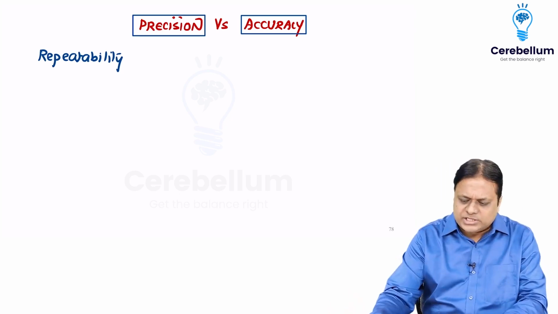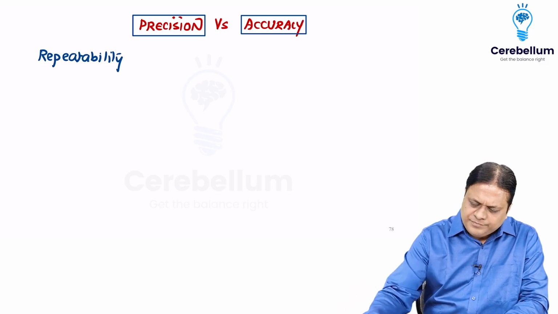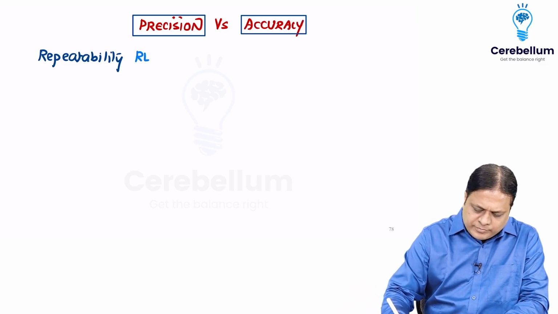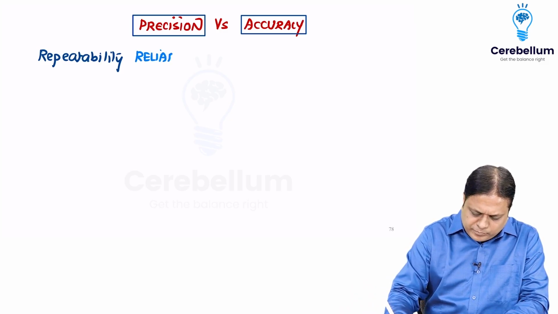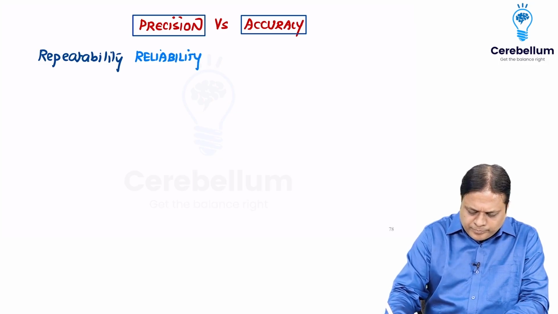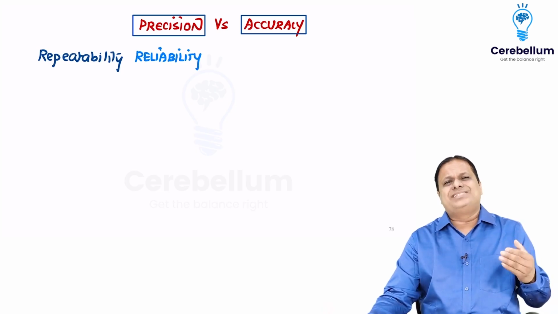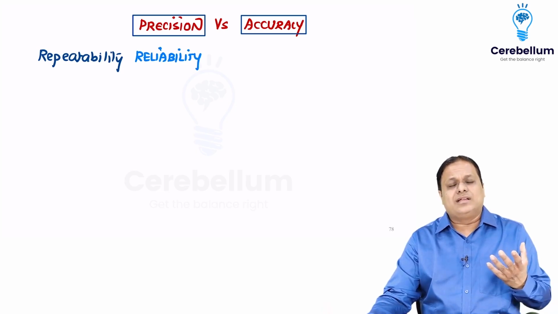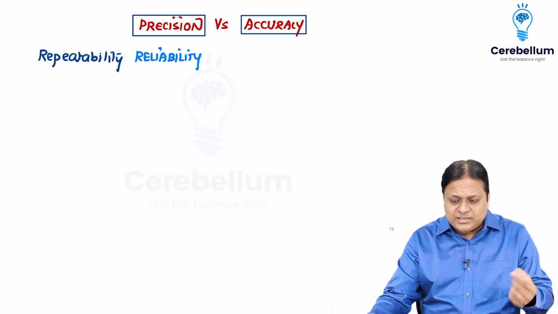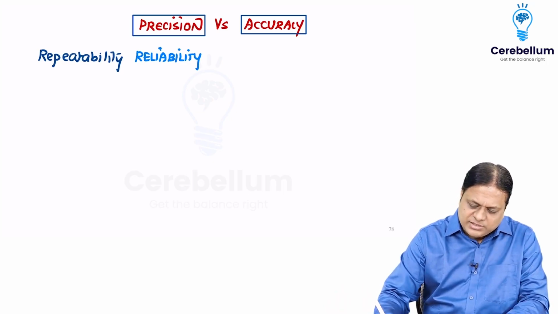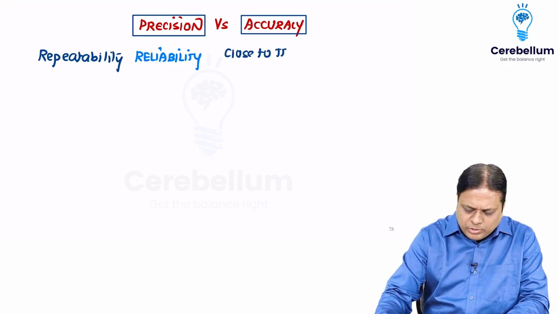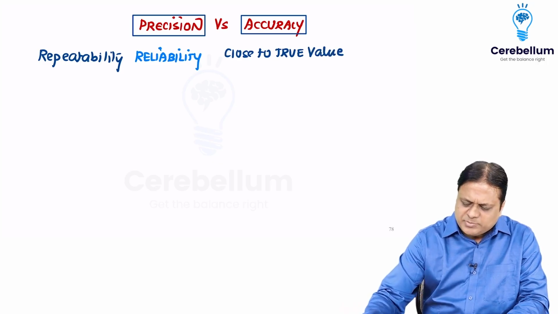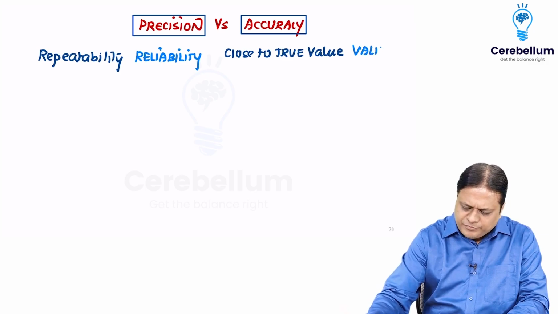In current language, this is known as reliability. A test is coming same again and again, but it is actually correct. That is accuracy. How much close it is to true value. This accuracy nowadays has been replaced by the term validity.